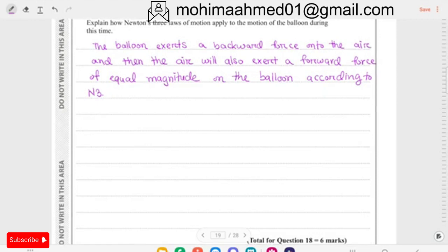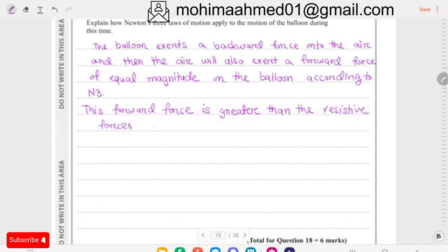So this forward force on the balloon is greater than the resistive forces.